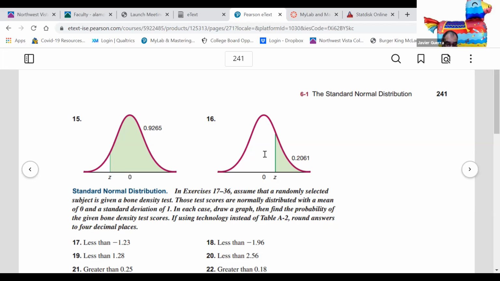So figure out what the right side is. Right, so if this is 0.2061, the left side is equal to anyone?